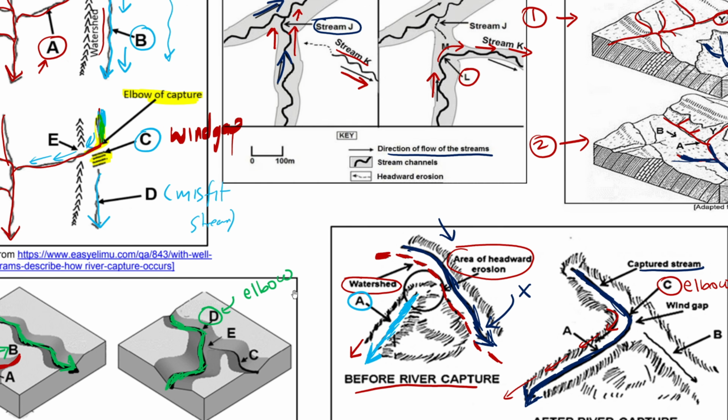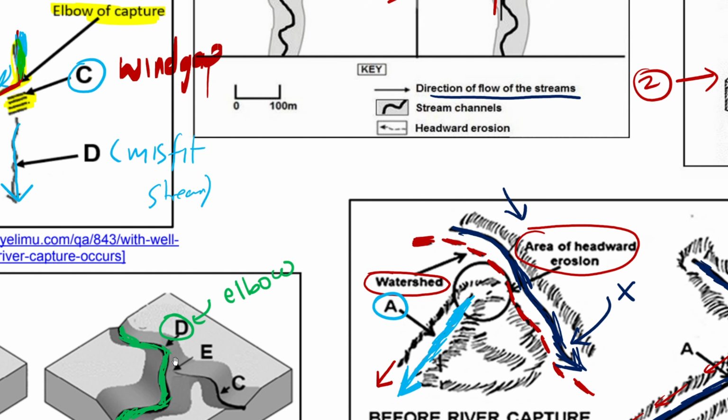Simply because we can see that this stream started changing direction and moving towards stream A at point D. So point D is the elbow of capture. And then point E is the wind gap. It is the small space in between. And then C is a misfit stream, because it has lost its water. So these are the possible images that they can use to represent river capture in your NSC exams.